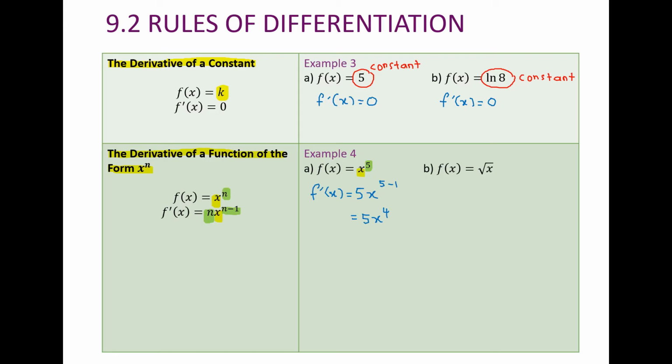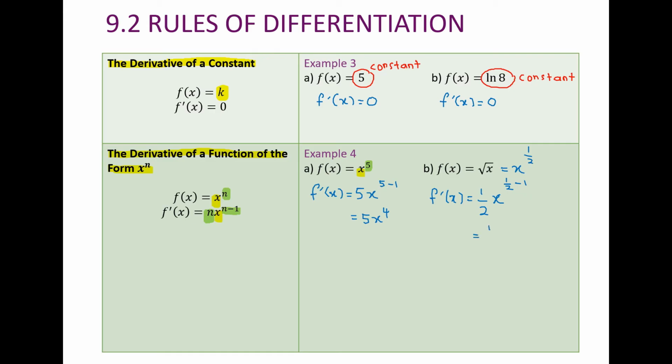Let's try again for question B, where f(x) equal to square root of x, which is also equal to x to the power of 1 over 2. Hence, f'(x) is equal to, bring the power to the front, 1 over 2, copy down your x, and now your power needs to be minused by 1.